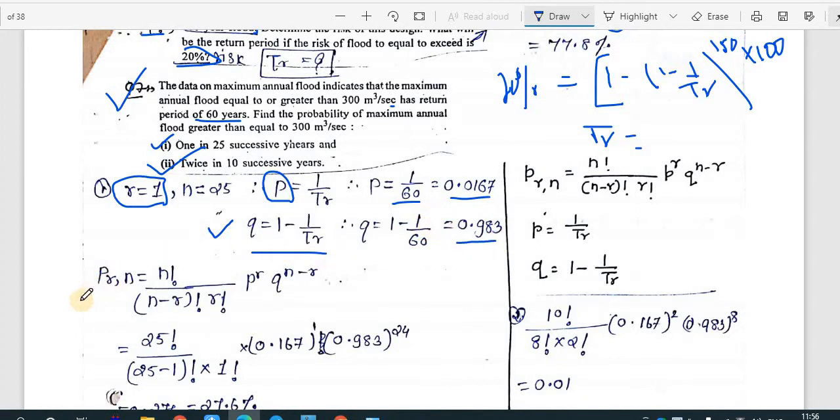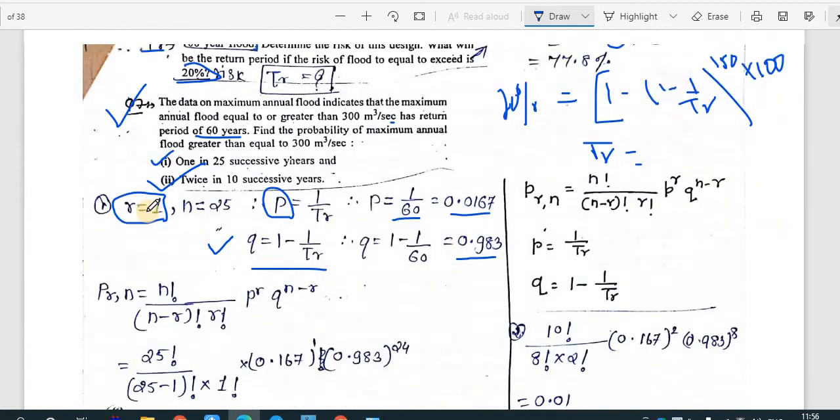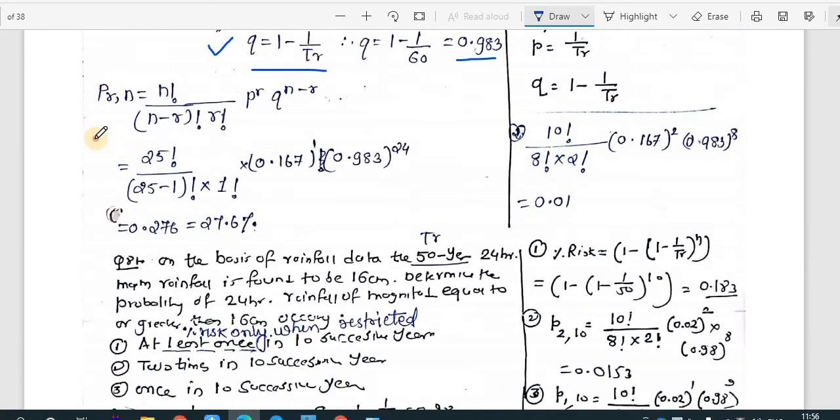So after that, you need to consider this formula. So this P_R will be P_1.